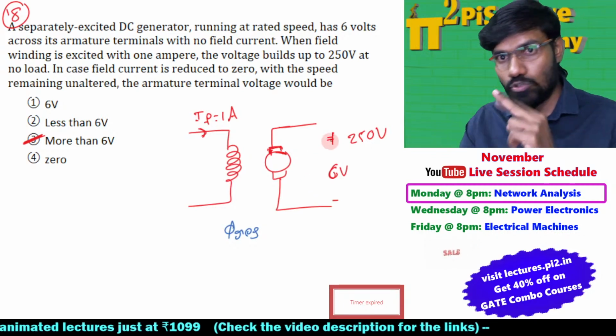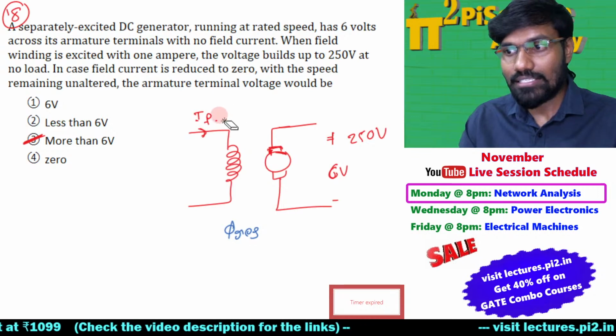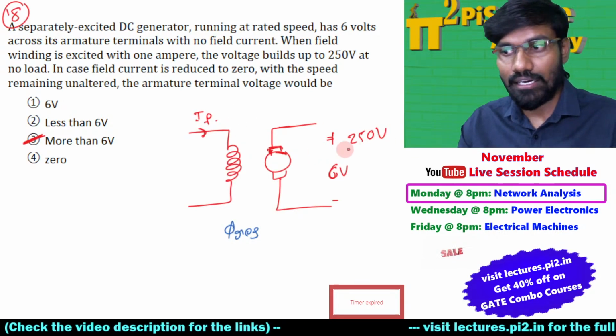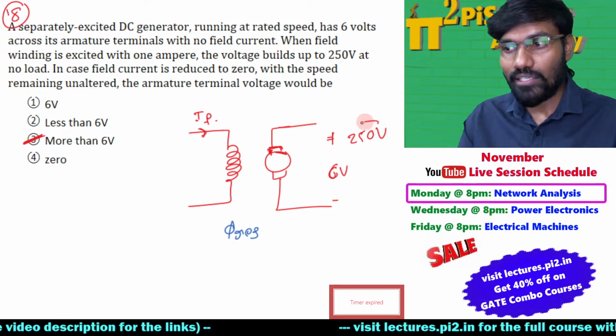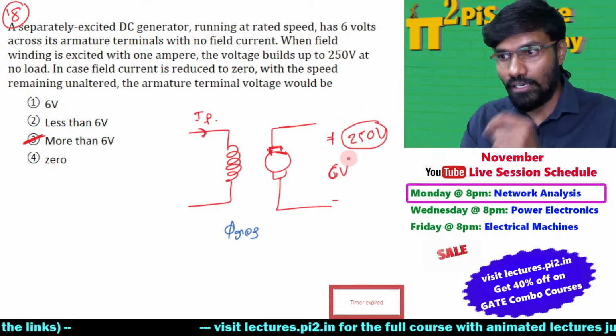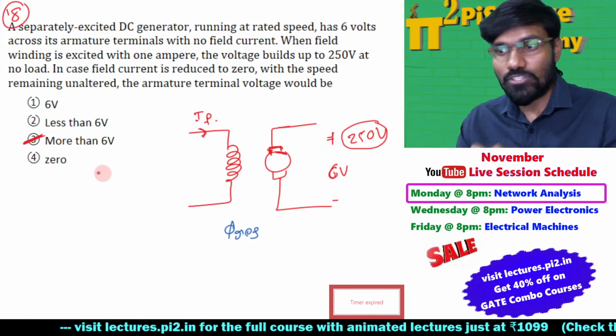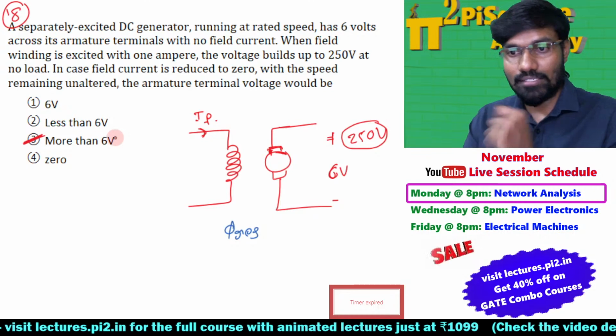Case 2 also done. Next, case 3: the field current has been reduced to 0 again. Now what will happen to this 250 volts? Will it stay at 250 volts, or will it come down to 6 volts? Or will it be less than 6 volts, or 6 volts, or more than 6 volts? That's the question.